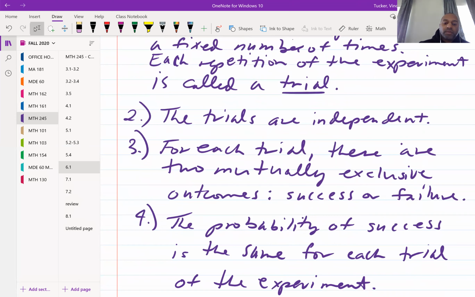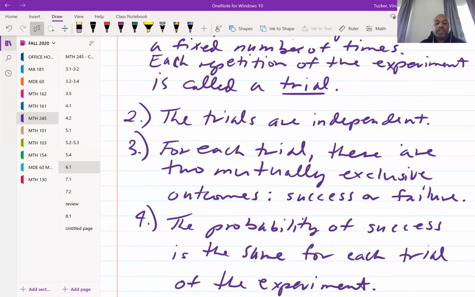Then I believe it's the last one. Yep. The probability of success is the same for each trial of the experiment.